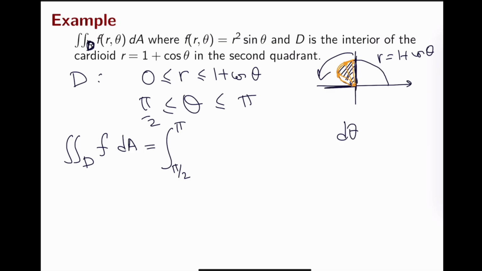And inside, we're going to put the integral from 0 to this function that now is not constant, 1 plus cosine theta. And so here we are going to write down r squared sine theta, that's the function here, but then we have to put r dr here.